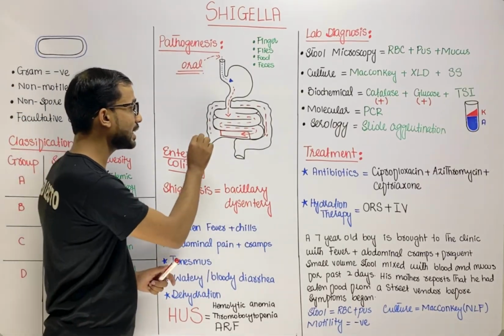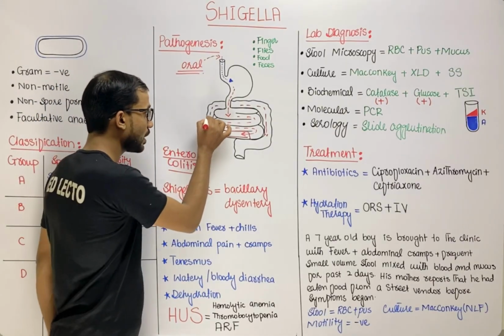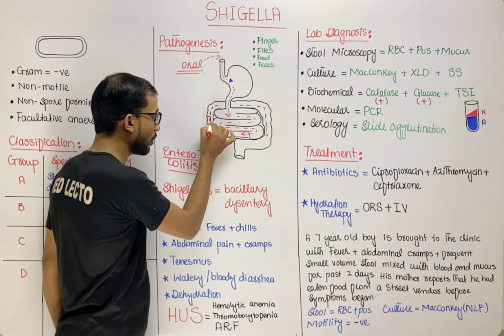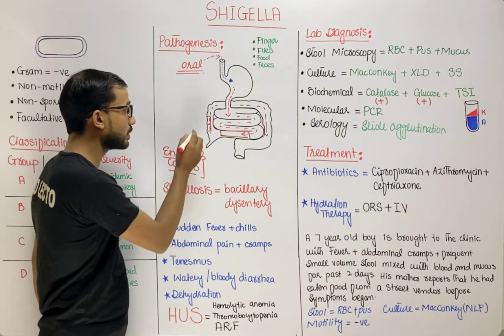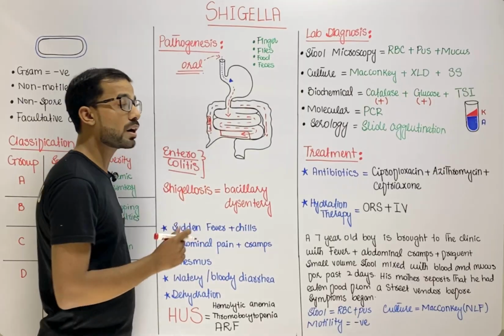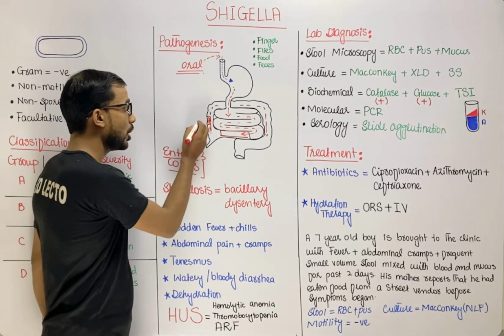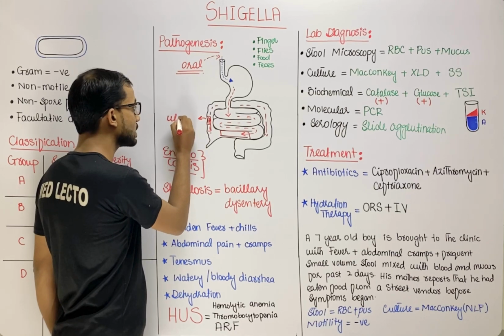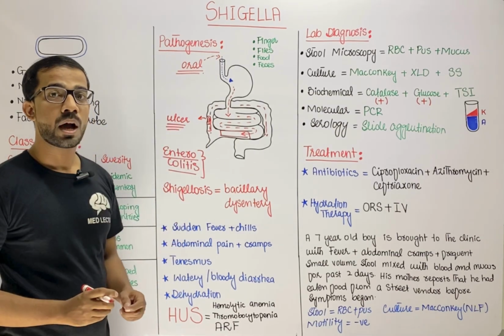So it affects the innermost layer, the enterocytes, which line our small intestine and large intestine. It attacks these cells, multiplies in these enterocytes and causes death of these enterocytes. And ultimately, you will see the formation of ulcers at that site, and at that site you will see bleeding.